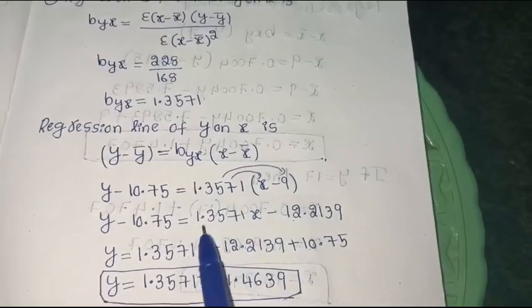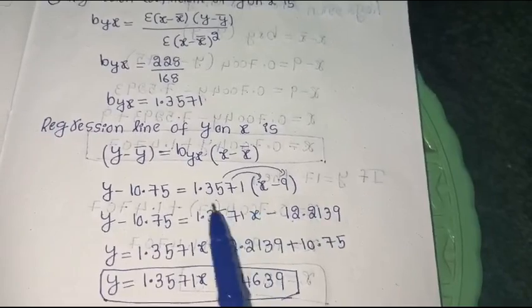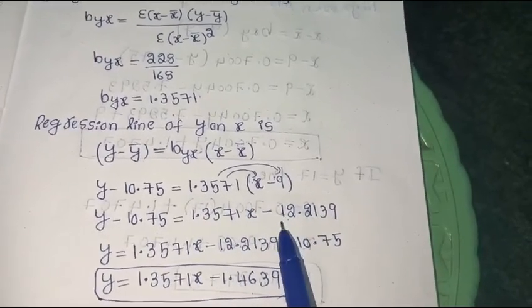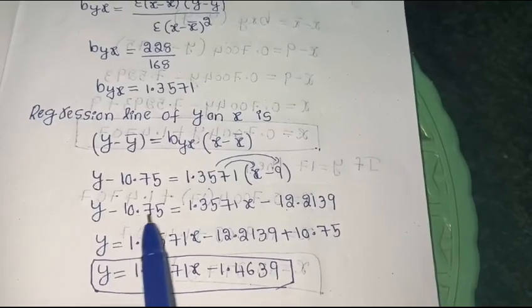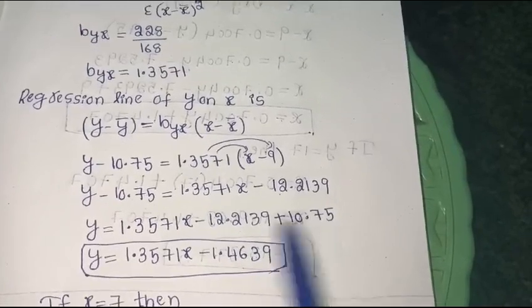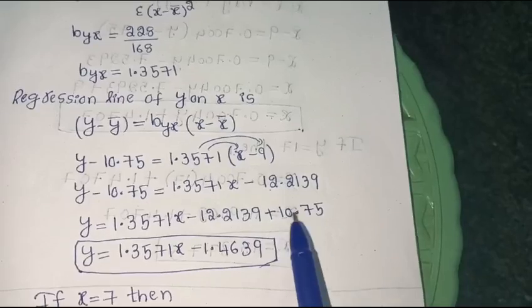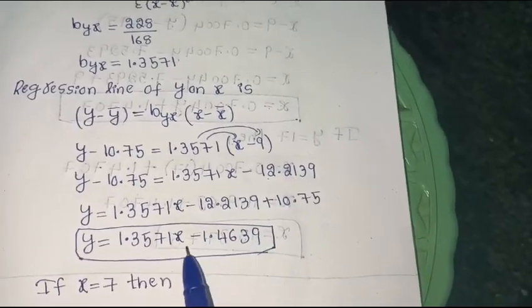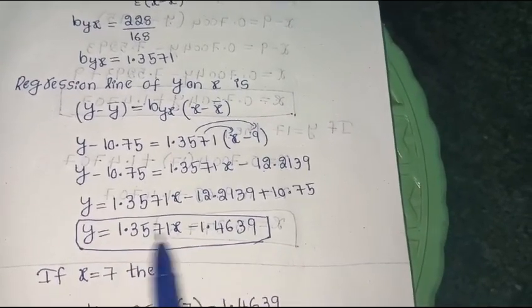Then it becomes 1.3571 into x minus 1.3571 into 9, which is 12.2139. Next we transfer minus 10.75 to the right hand side, then it becomes plus 10.75. If we calculate minus 12.2139 plus 10.75, the value is minus 1.4639. This is the regression line of y on x.